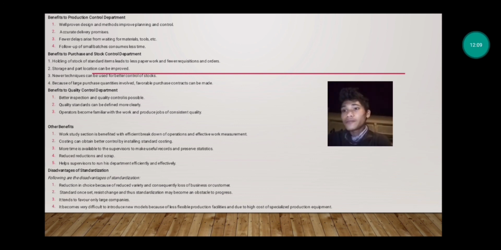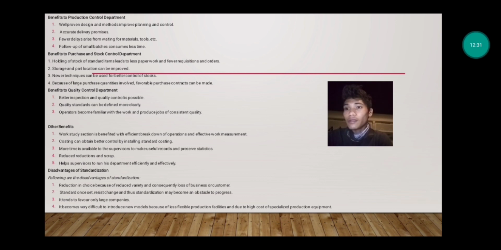Other benefits: work study section and benefit with the efficient breakdown of operation and effective work measurement. Costing can obtain better control in installing standard costing.